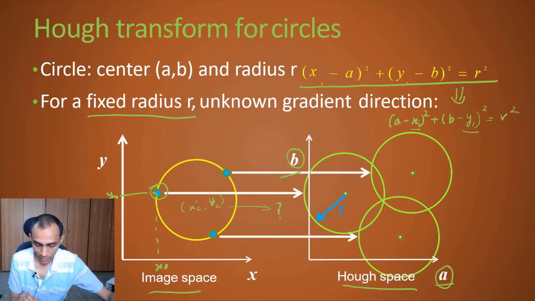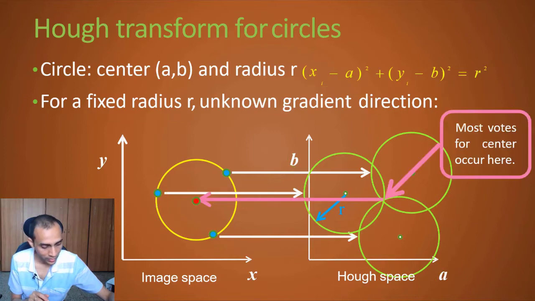The intersection point here, just like in the earlier case where multiple lines intersect, will be the equation for the actual x0, y0. Similarly here, where all these circles intersect will correspond to the center in the image space.